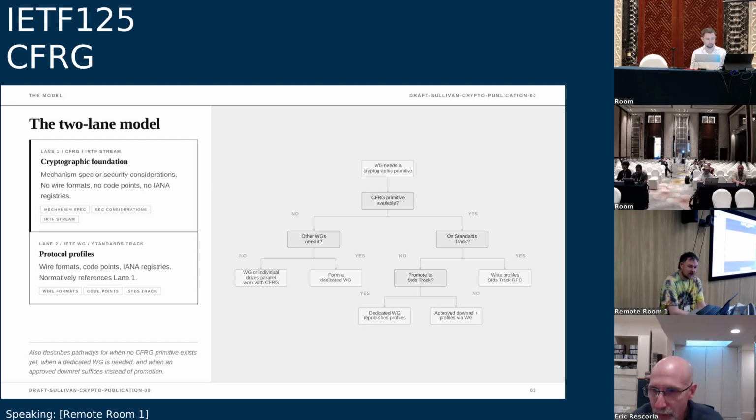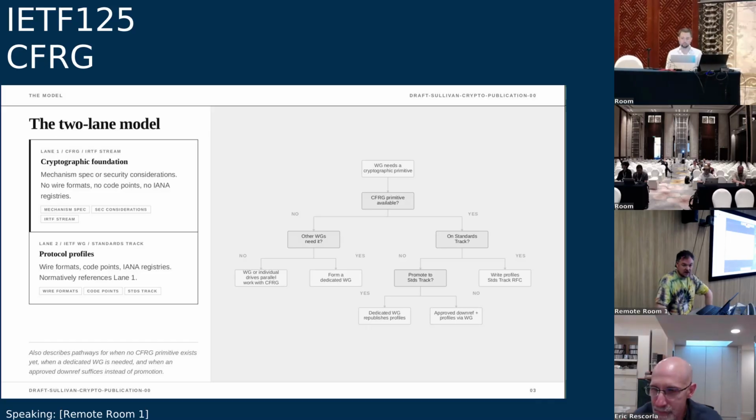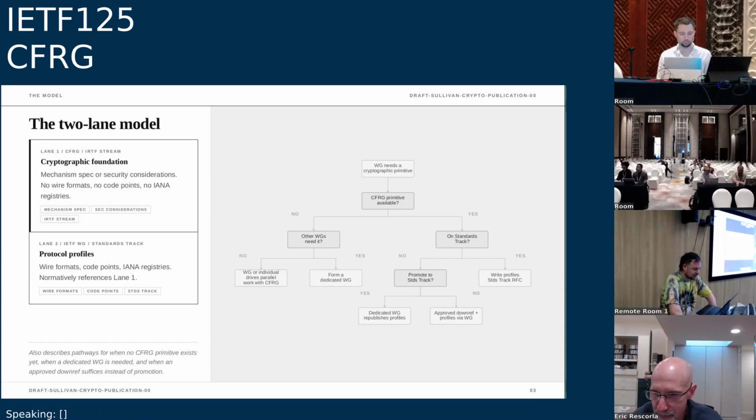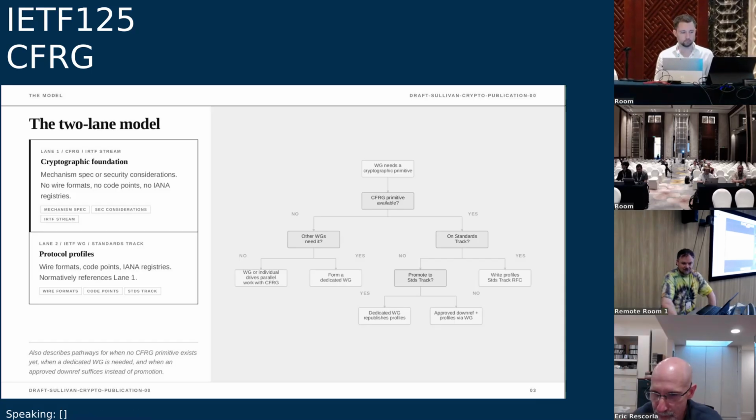Yeah, let's walk through the flowchart, right? So let's just say it's 3 different groups. They want a KEM that's PQ. They think they want ML-KEM, but that's really something that is worth discussing, right? I mean, it doesn't come out of the box that a group would definitely want ML-KEM. They may want an alternative, but in any case, PQ KEM comes in at the very top of this chart.